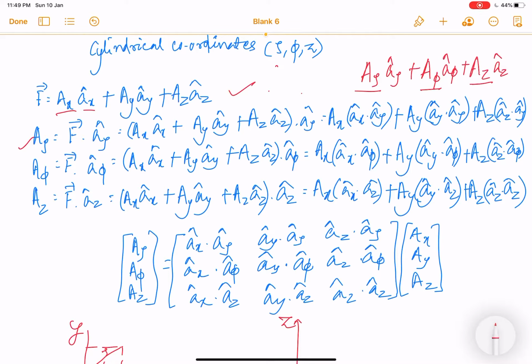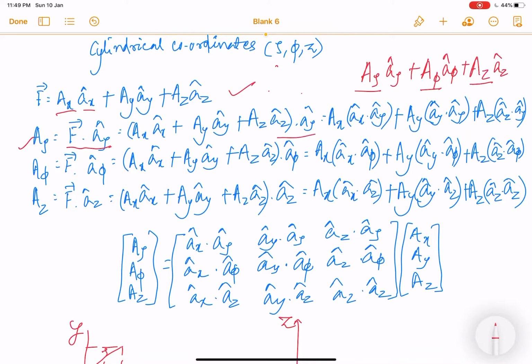To take out the magnitude of a vector in a particular direction, we use this formula: the vector dotted with the unit vector, like f dot a rho cap.